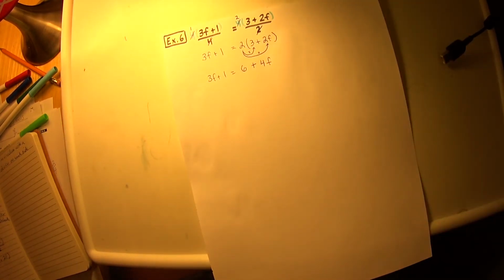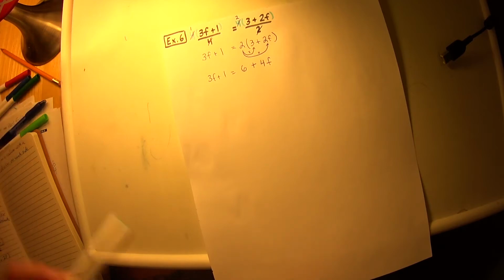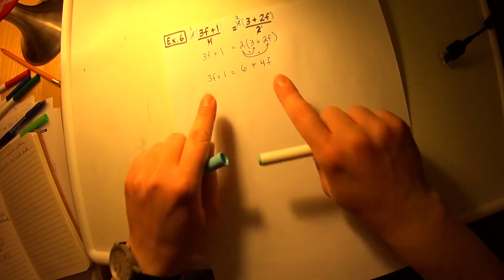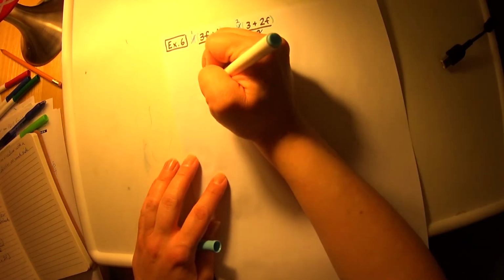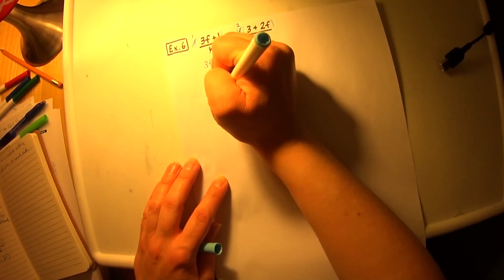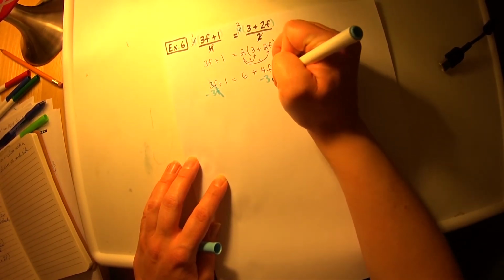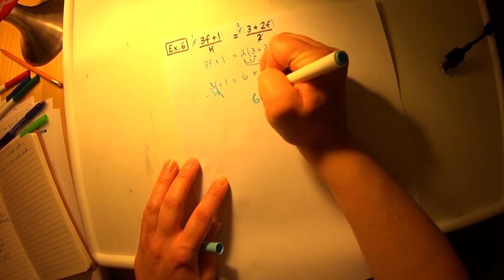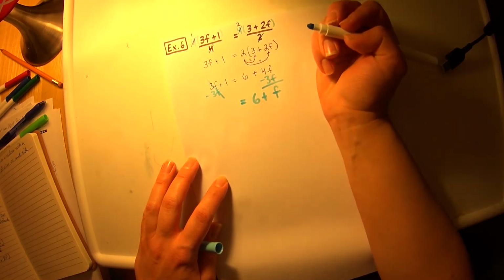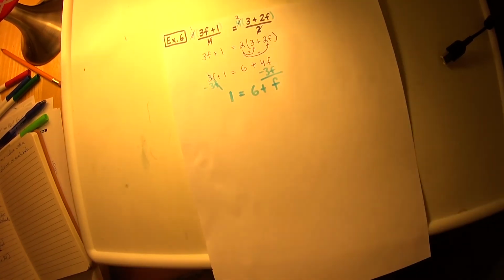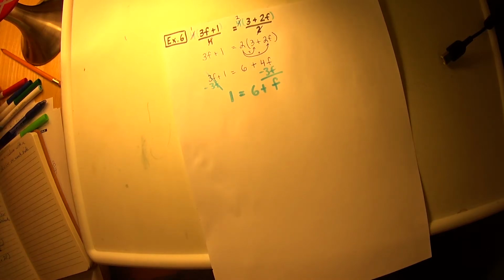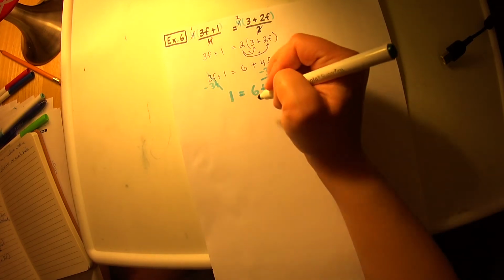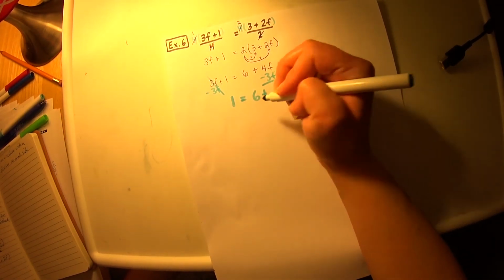Now from there, I can move my two variable terms to the same side. I'm going to take the smaller one away from the bigger one. That leaves me with just 1f here. So I've got 6 plus f on the right side, and I'm left with just positive 1 on the left side. Next step, get rid of my constant.